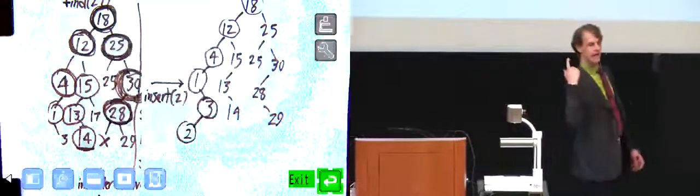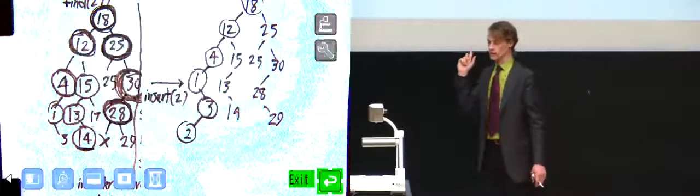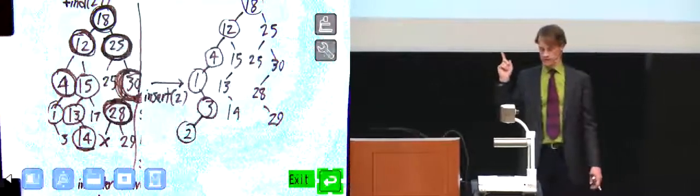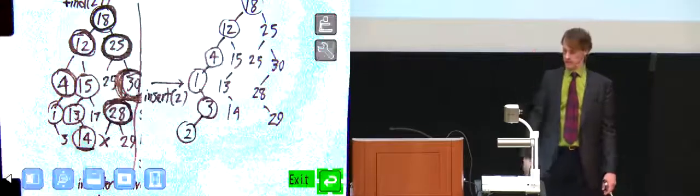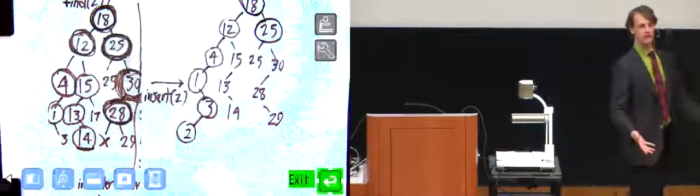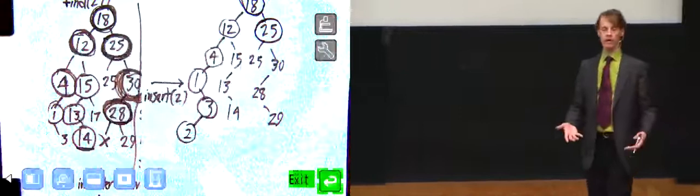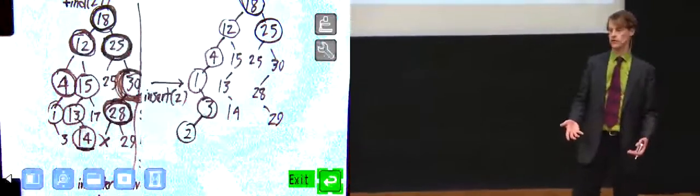Now, it may happen that I want to insert sometimes a node that's already in the tree, like, say, a 25. So if I wanted to insert a 25, I would start at the 18, I'd go to the right, and I'd find a 25. So now I've got a match. But it's okay to have more than one copy of the same key in a binary search tree.